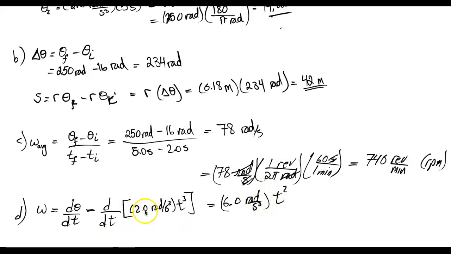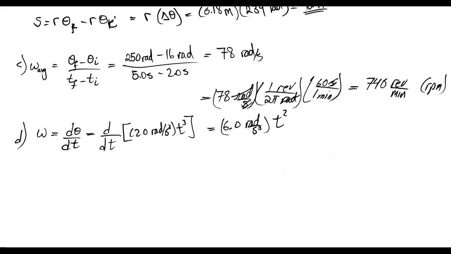And now if we plug in the values that they want, the first one is evaluated at 2 seconds, so this would be 6.0 radians per second cubed times 2 seconds squared.